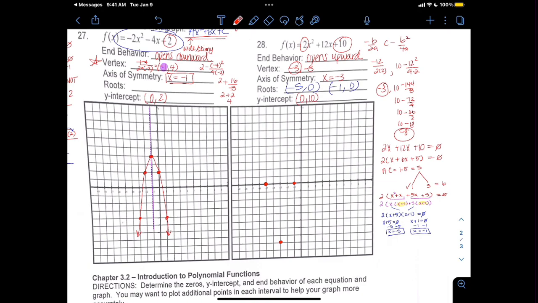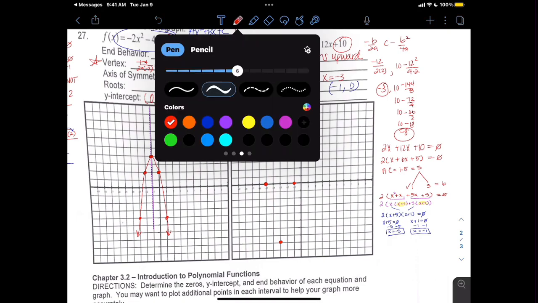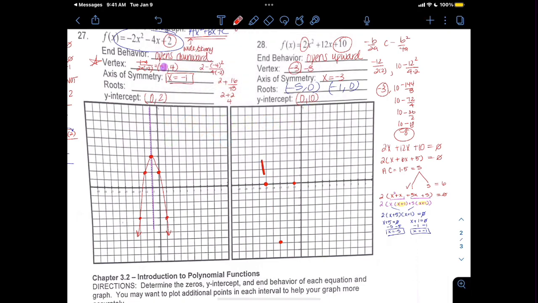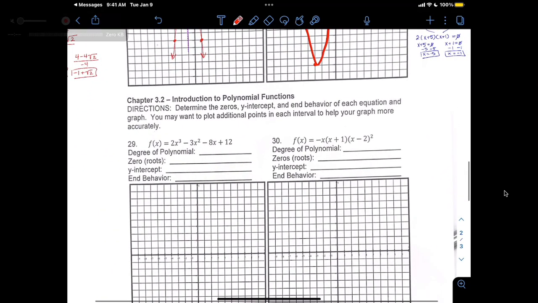There's my graph. If I wanted to, I could put additional points, but I'll just say it's approximately something like that. Okay, let's take a look at the next one.